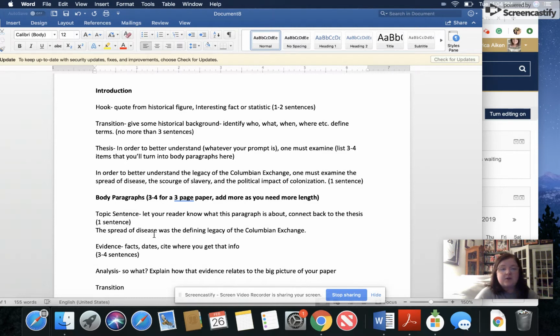So for example, in the Columbian Exchange part, I'm going to say, the loss of life was so massive that this is why when someone thinks of the Columbian Exchange, disease and the spread of disease should be immediately what comes to mind. It's heartbreaking to consider entire villages of people wiped out from disease.